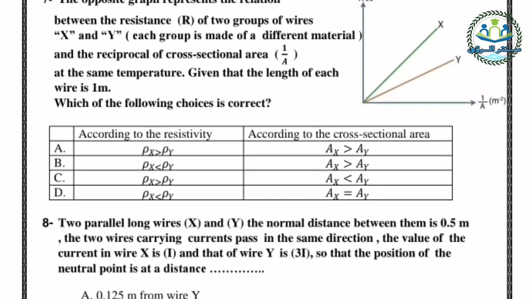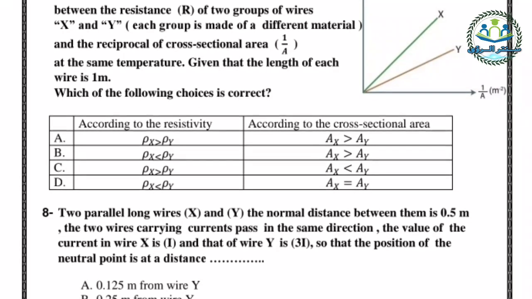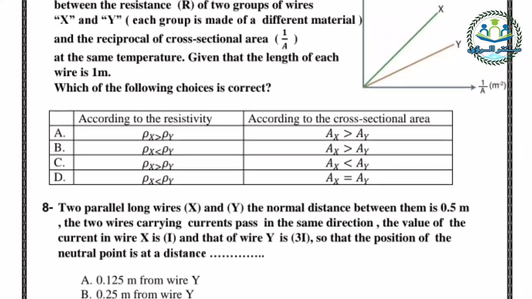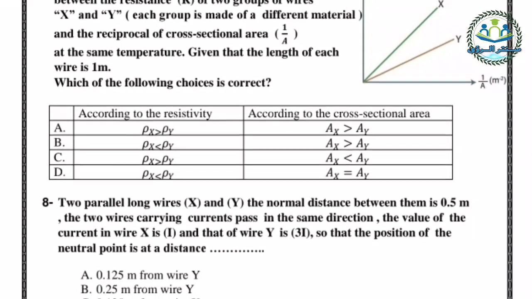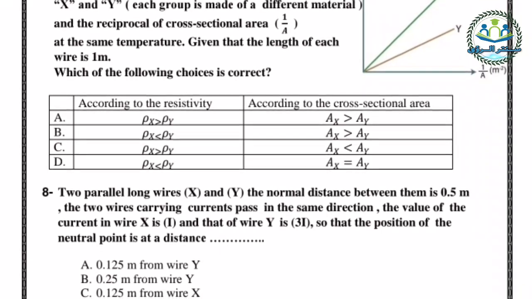8. Two parallel long wires, X and Y. The normal distance between them is 0.5 m. The two wires carry currents passing in the same direction.